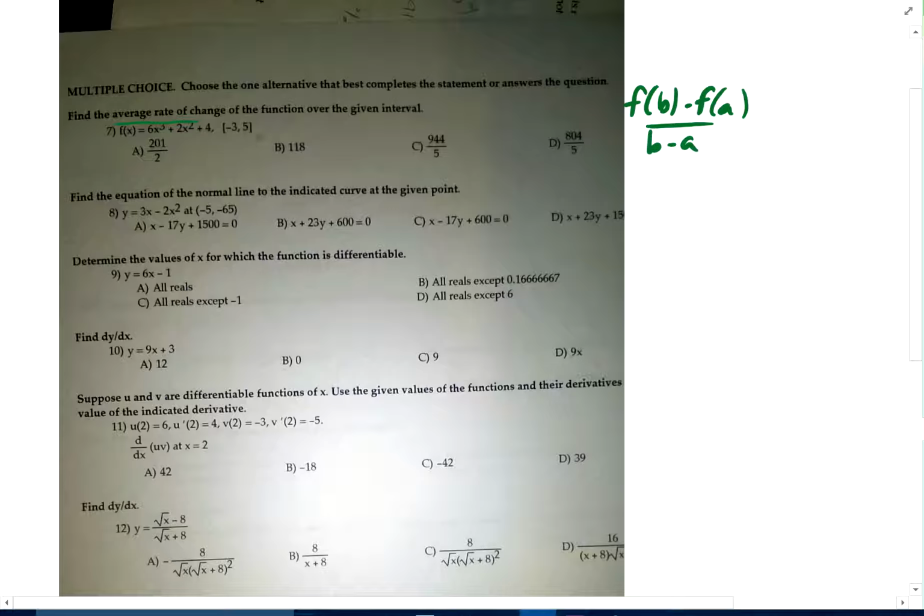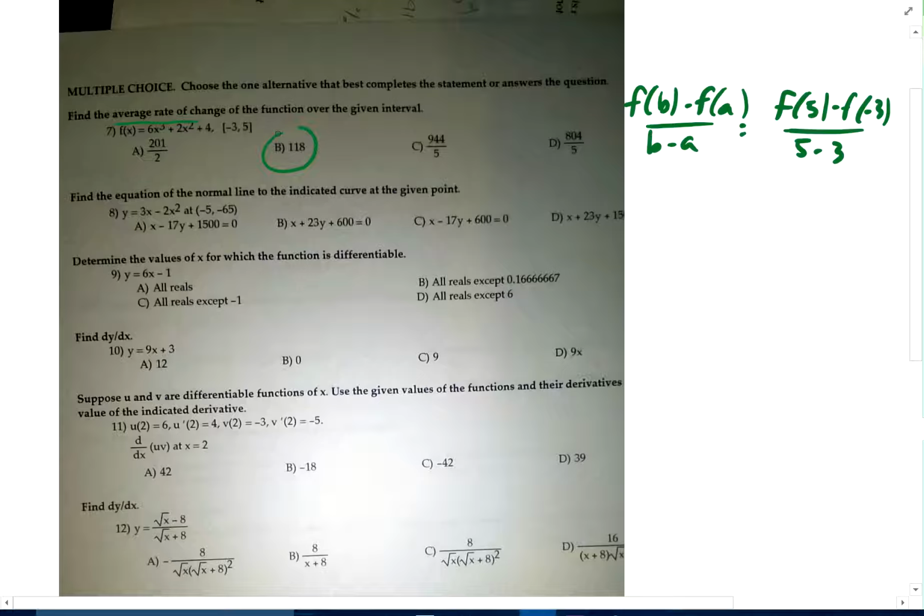So on the interval negative 3 to 5, that's just going to be f of 5 minus f of negative 3 over 5 minus negative 3. Okay, so if you simplify, you will get, got the answers over here for number 7, you'll get B, 118.